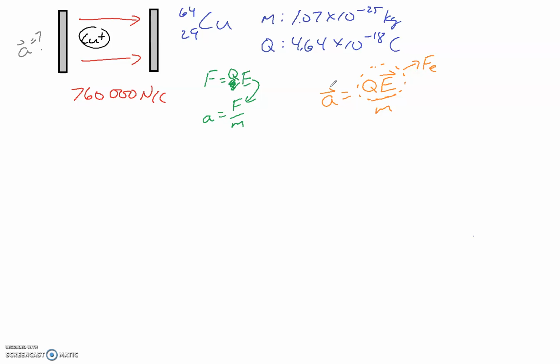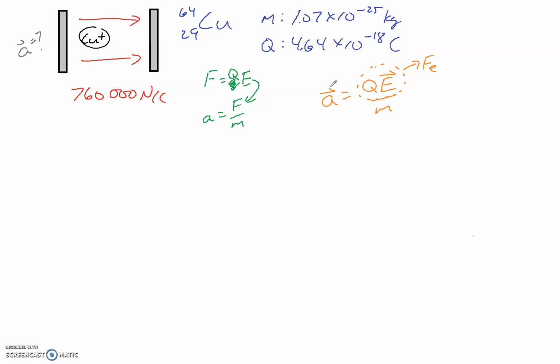So we've got the charge. We found that in coulombs, that's the 4.64 to the power of negative 18. That is our charge. We multiply that by the E of 760,000 newtons per coulomb, which would give us our force, which is around 3.5 times 10 to the negative 12. And then we divide that by the mass that we found right away, the 1.07 times 10 to the power of negative 25.